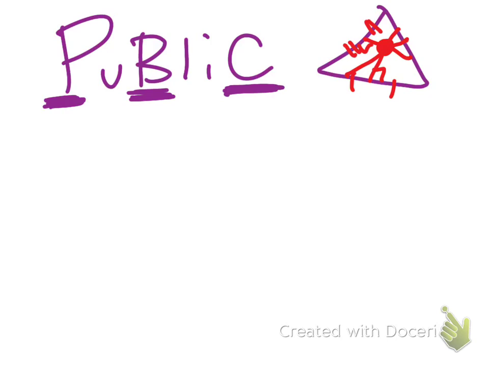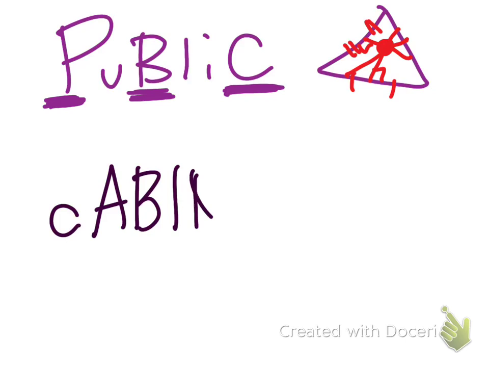The word I'm going to give you that's going to help you remember in-center is going to be the word cabin. So lowercase c, capital A, capital B, capital I, capital N. What this will help you remember is that an angle bisector has an in-center.